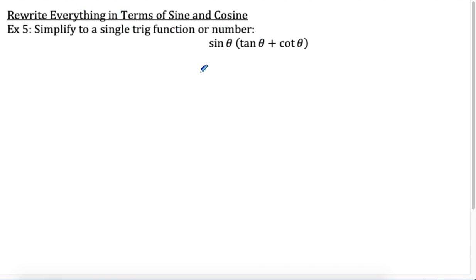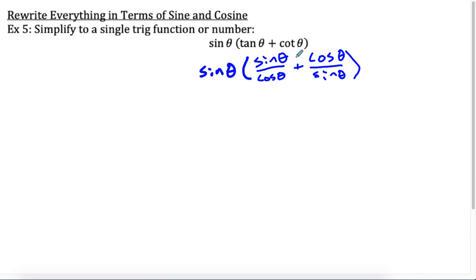I can rewrite the inside here and say this is sine times tangent, which we just said was sine over cosine, and then cotangent is cosine over sine. Now, in here, we have fractions. Let's try to add these together. Well, to do that, we need common denominators, like we talked about a couple strategies ago.